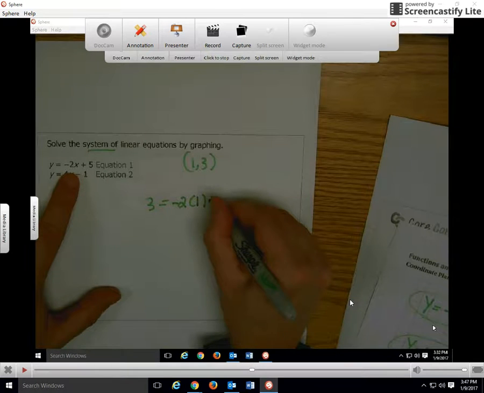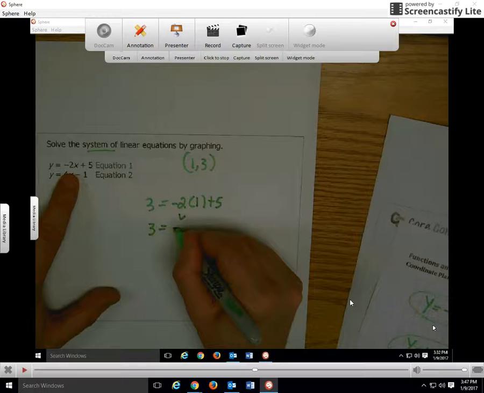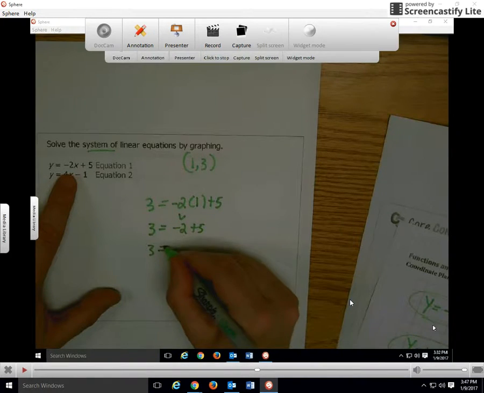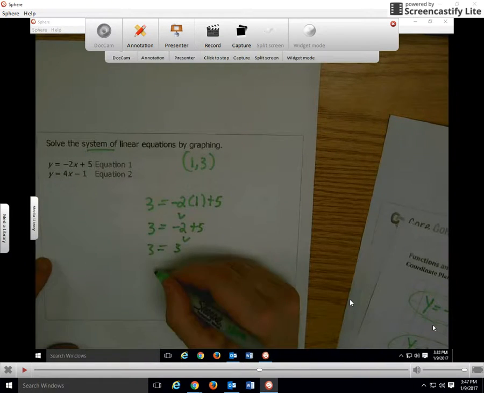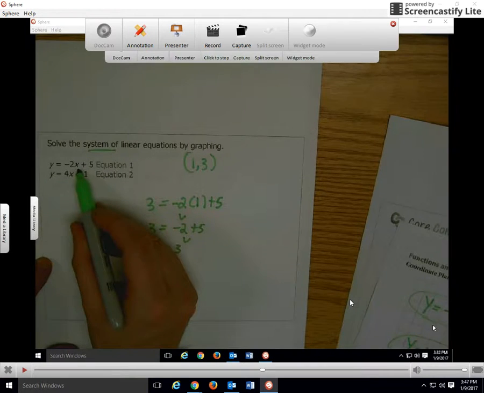Okay, so 3 equals negative 2 plus 5. 3 equals 3. Actually, that's true. 3 does equal 3. And so we see that 1 and 3, this ordered pair, is a solution for this first one. But is it a solution for the system?